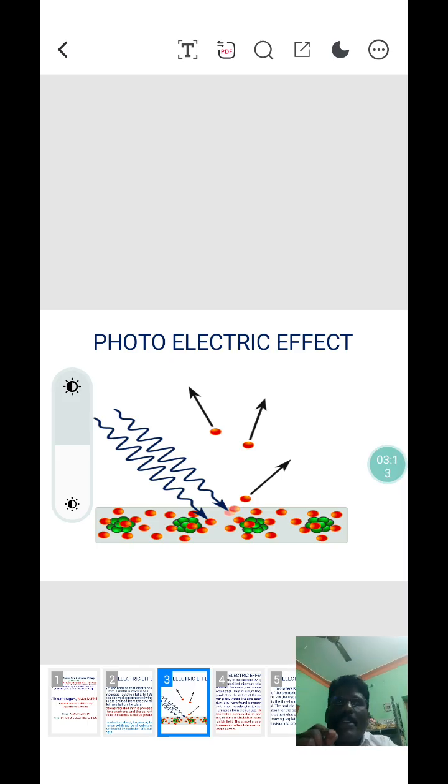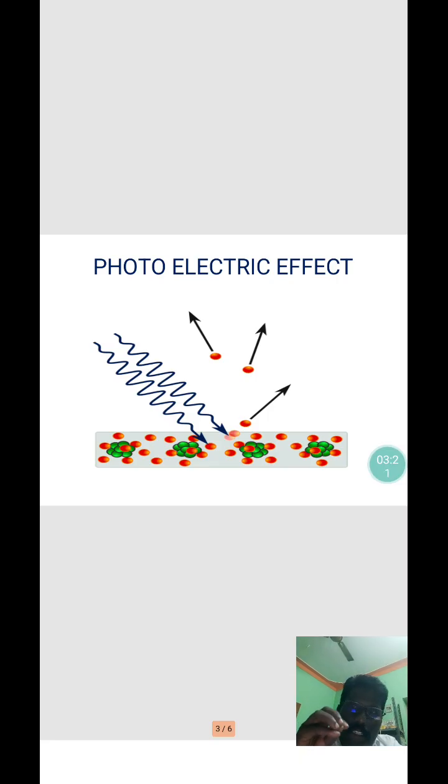The remaining energy is used to eject the electron from the metal surface. So the energy of the incident radiation is equal to the minimum energy needed to eject the electron, that is called threshold energy. The threshold energy is also called the work function.